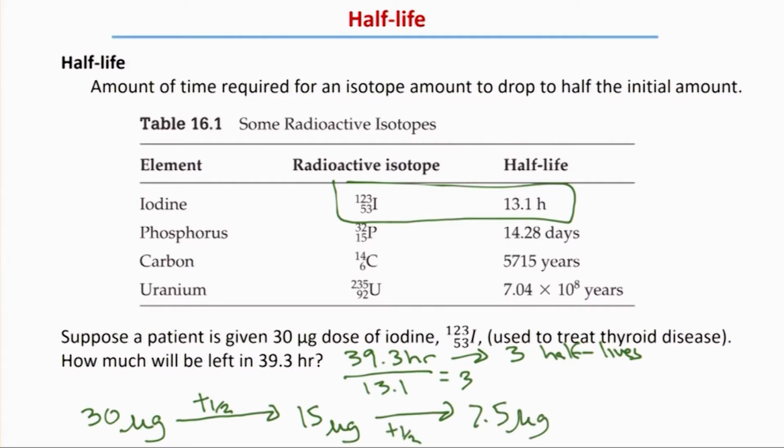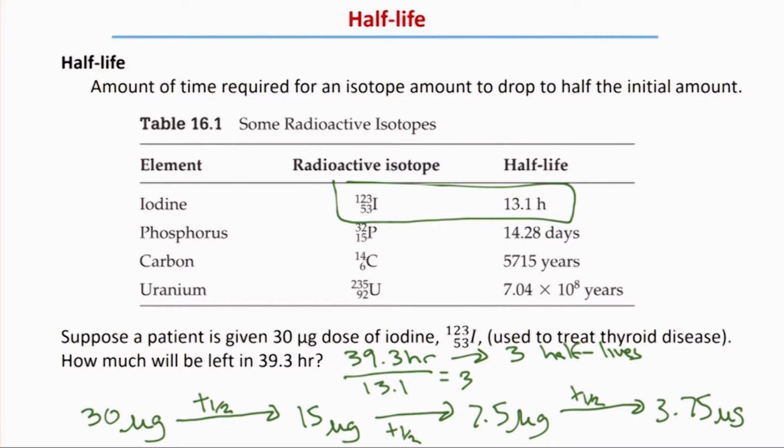And we need to get to 3 half-lives, so let's cut this down one more time. Here goes another 13.1 hours, and now how much is left? 7.5 divided by 2, 3.75 micrograms would be left after 3 half-lives of this iodine isotope.